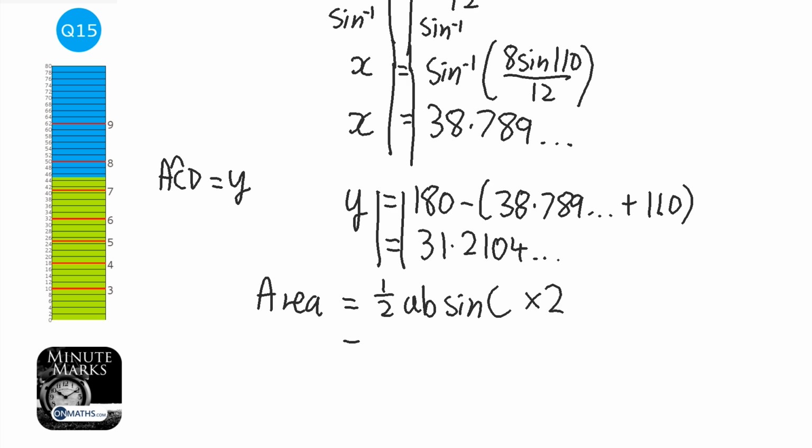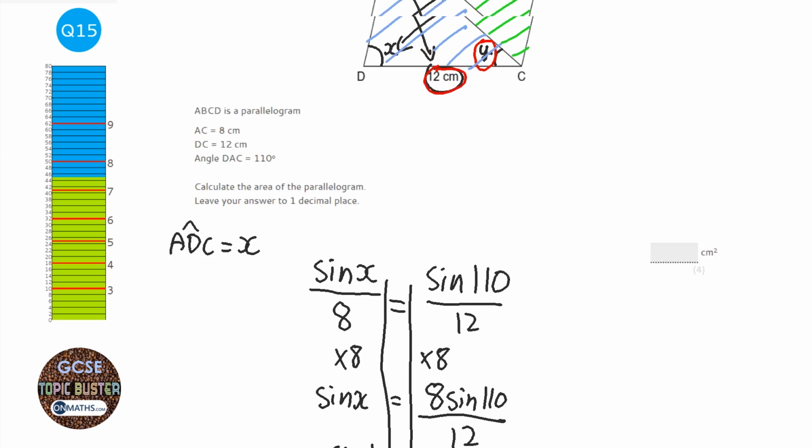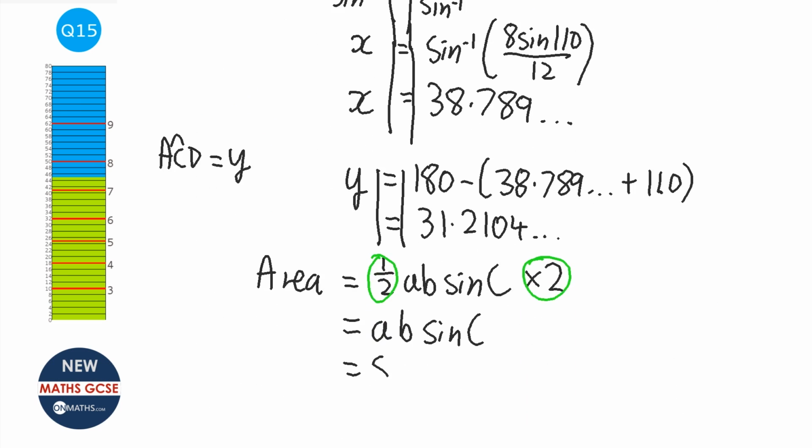Now if we notice that the half and the times 2 will cancel, so it's just going to equal AB sine C. Now I've kept that number in my calculator, so I can use it. Where's A and B? A and B are going to be 8 and 12. So it's going to be 8 times 12 times sine 31.2104 blah blah blah.